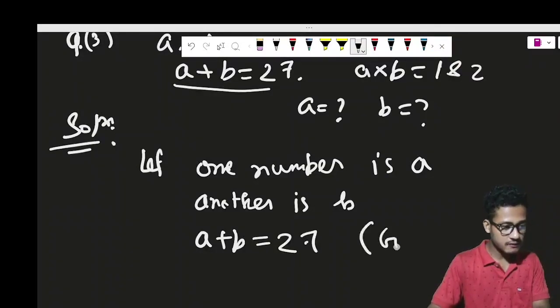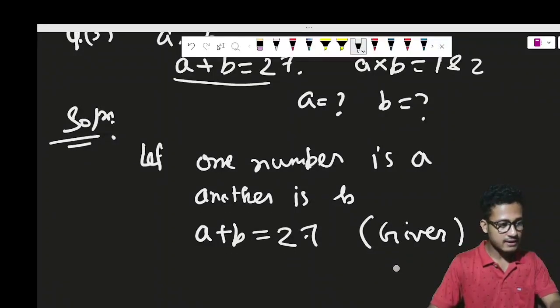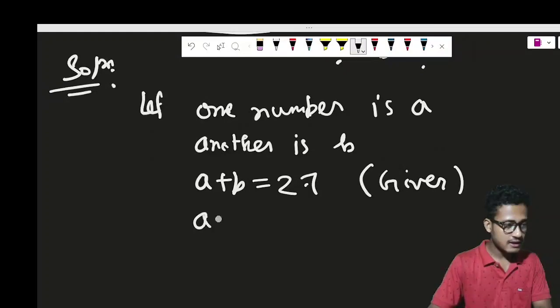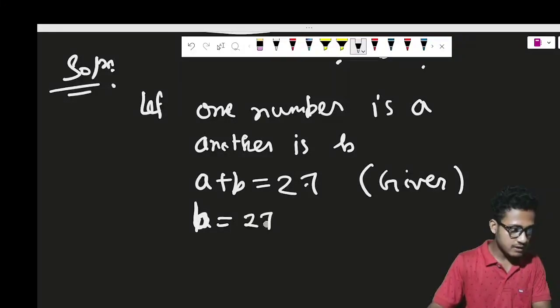This is given. And then what we will have is b is equal to 27 minus a.